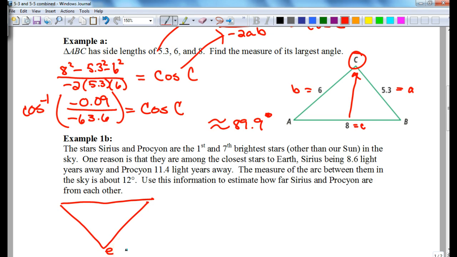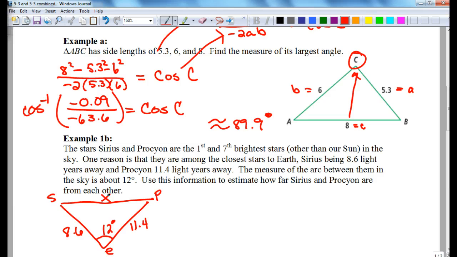And one of them, Sirius, is 8.6 light years away. And P is 11.4. And it said the angle in between these two lines was 12 degrees. Okay, so I'm wanting to find out this length right here.